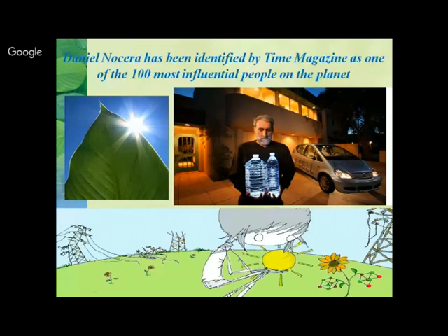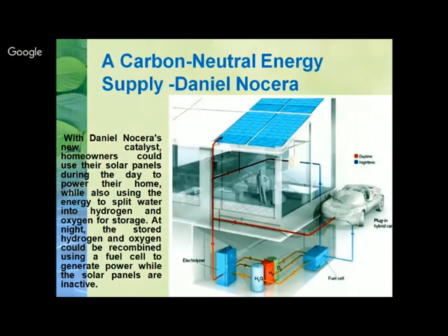He had one more project, in which, using solar energy, with water we can generate electricity. When he was working at MIT, this project was launched. So say you have solar power, solar panels there. In morning time, from the solar power you just illuminate your office or your house.